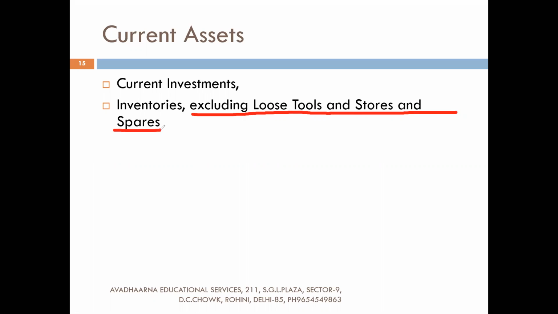अब बेटा हम लूज टूल और स्टोर एंड स्पेयर्स को इसलिए एक्सक्लूड कर देते हैं क्योंकि ये हमें बेनिफिट 1 ईयर, 1 अकाउंटिंग ईयर या जो हमारा ऑपरेटिंग साइकिल है उससे ज्यादा देते हैं. फाइन, loose tools they are not exhausted within 1 accounting year or within 1 operating cycle.